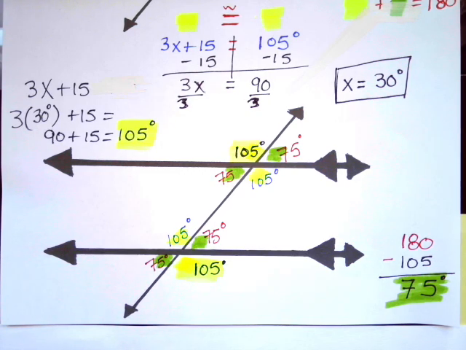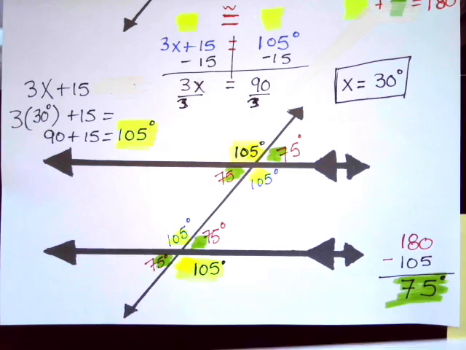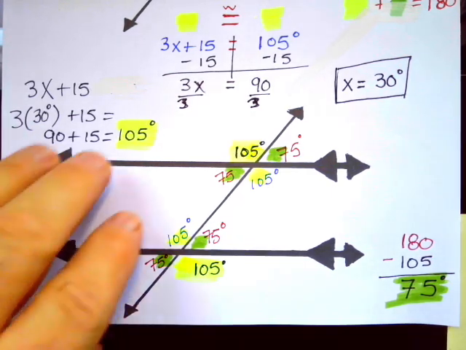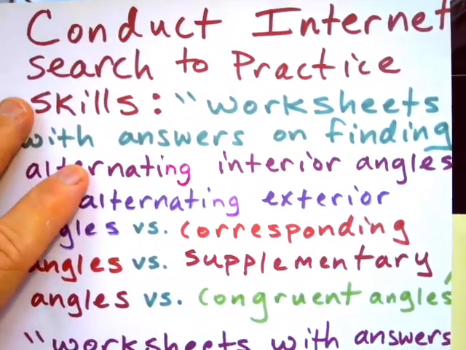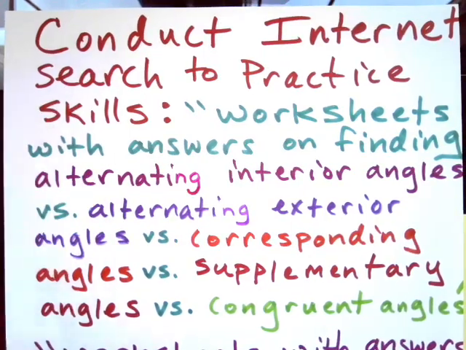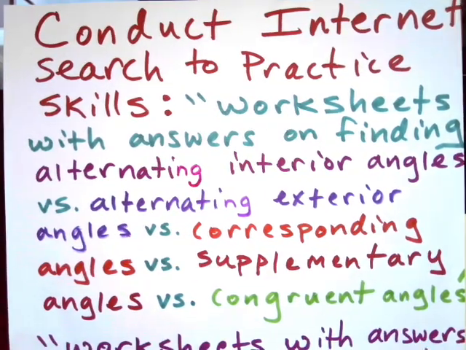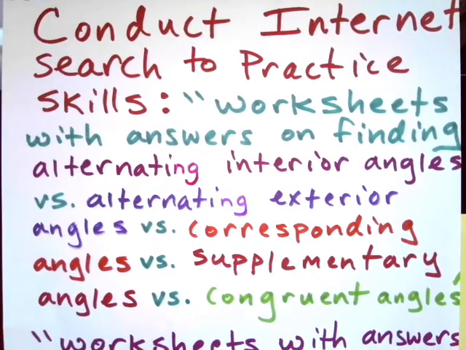And so I'd like to also give you some internet searches so you can practice your problems on the internet, and you can punch these into any search engine tool that you feel comfortable with.